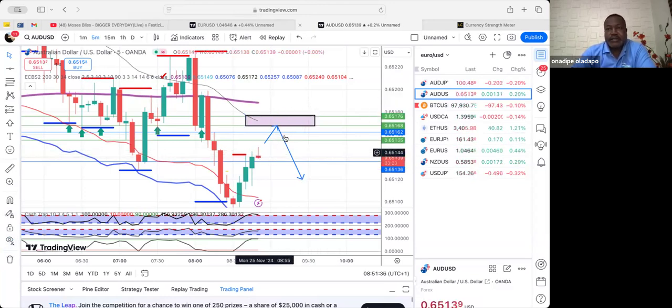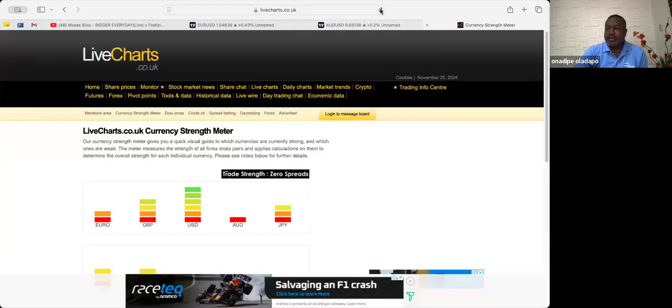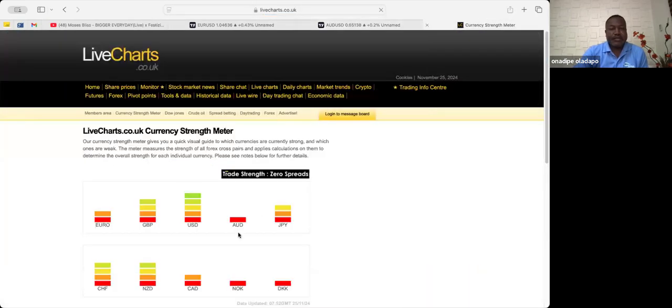Either this candle or the next one, which will be the hourly candle, will take it into that place. If it does, that would be a good time to execute the trade. So be patient, watch your timer, and also watch your currency strength. It's only AU that is ready now. It was 1.6 before, now it's 1.5, but it's still okay.